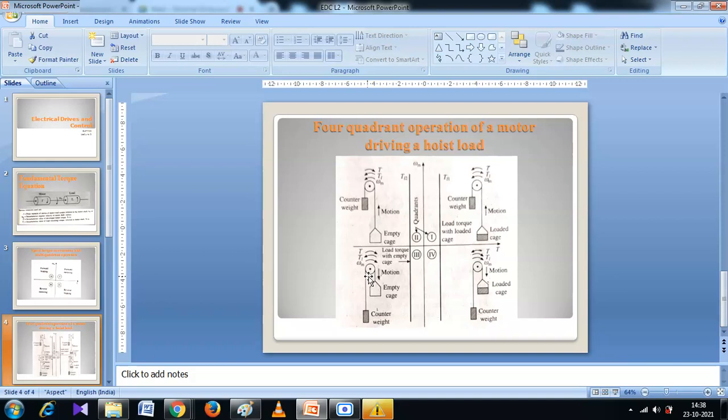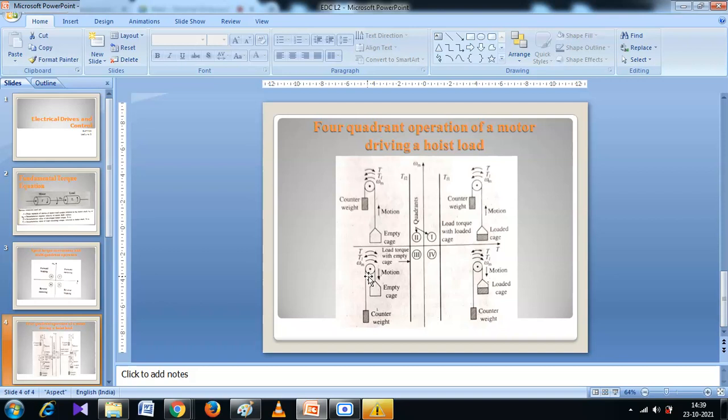And what is our convention? When the developed torque is positive, what is the direction of that torque? Anti-clockwise. And what about speed? Negative. When we say the direction of the speed is anti-clockwise, that is positive.